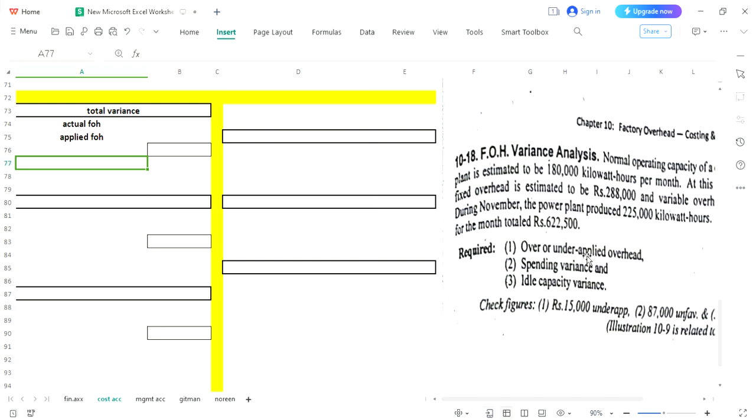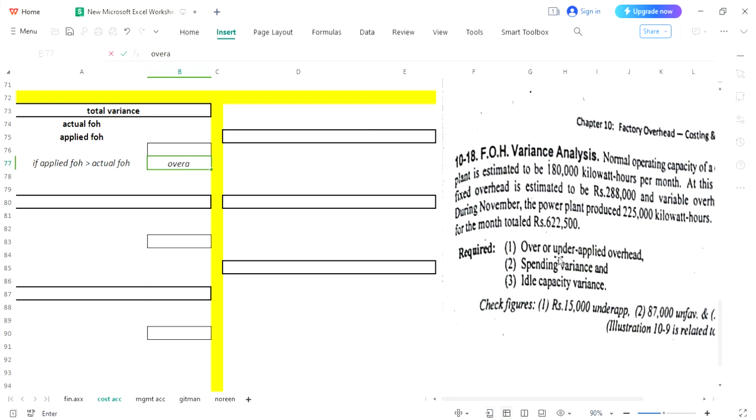You can see what our requirement is: over and under applied. So if applied FH is more than actual FH, you will name it over applied.